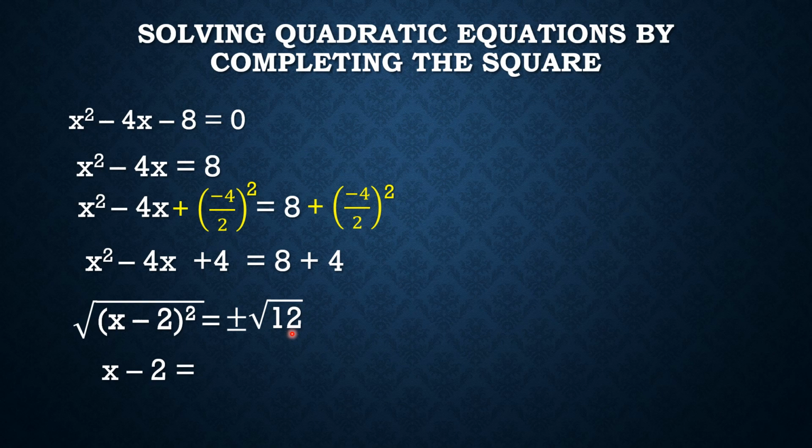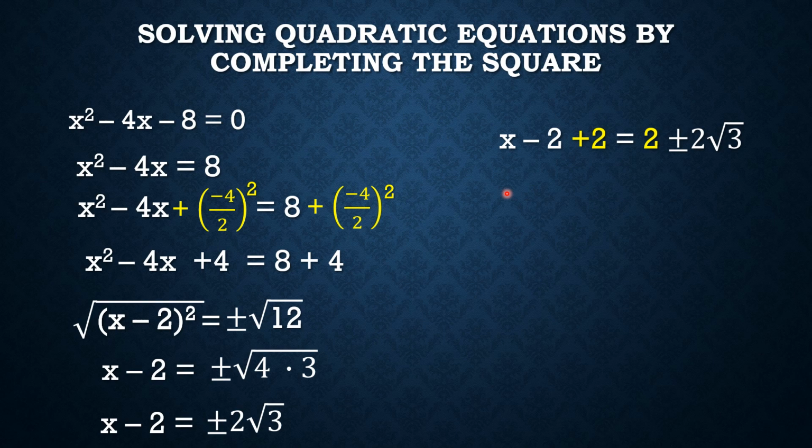However, square root of 12, hindi kaya. But we can simplify this by expressing 12 as a product of two factors wherein one factor is a perfect square, and that is 4 and 3. So now by simplifying, we have x minus 2 equals plus or minus 2 square root of 3 because the square root of 4 is 2.